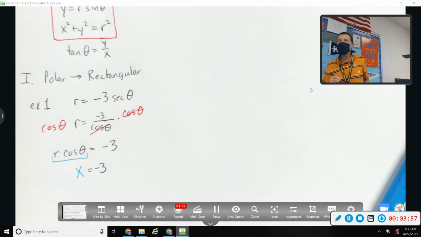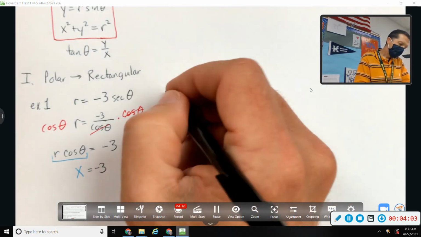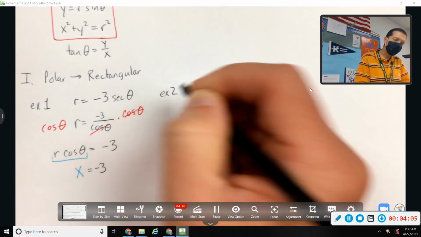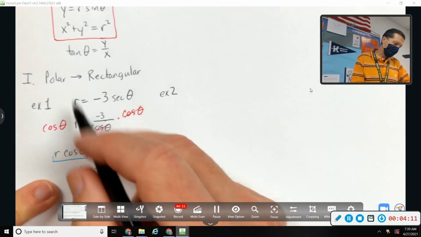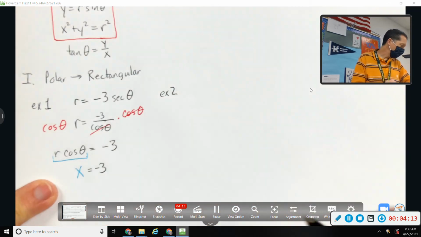So we change that from a polar equation to a rectangular equation. But it takes some algebra, and not just any algebra. It takes some algebra, not creativity, but algebra foresight, I guess, of how to rearrange things to get them what you want.